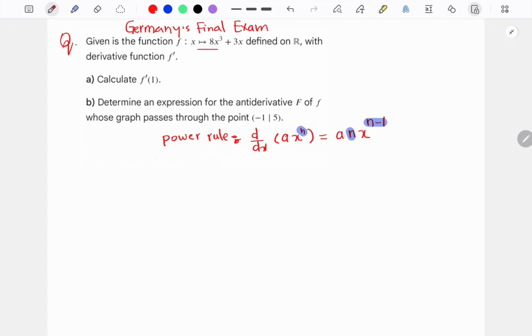Now we will write here f prime x is equal to, because we are going to differentiate all the terms included in our function, you can see there are two terms here, and both terms are adding, so we will be differentiating each term one by one. So here we can write d by dx of 8x cube plus d by dx of 3x.